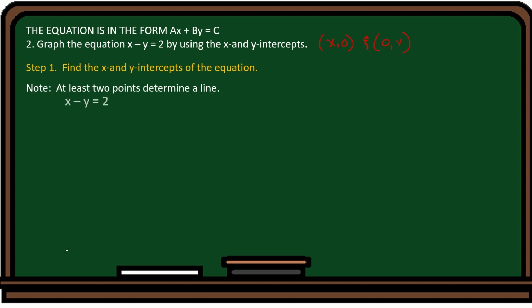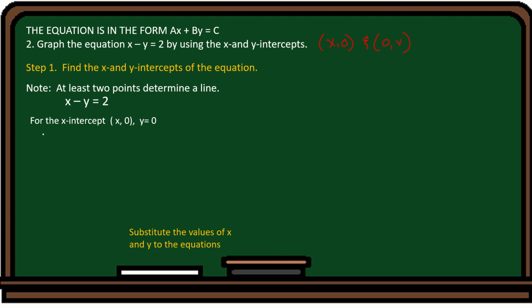Now, let's have x minus y equals 2. First, let's find the x-intercept. Again, the x-intercept is (x, 0) where your y is equal to 0. So we will substitute the value of 0 in order for us to solve for the value of x.